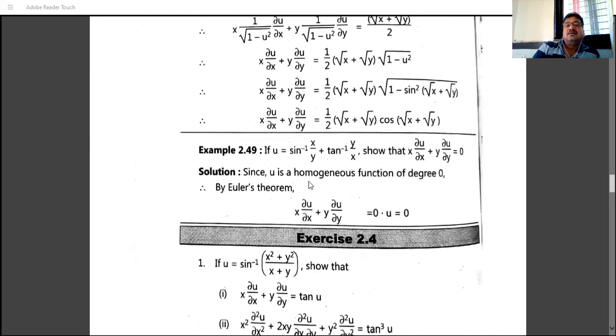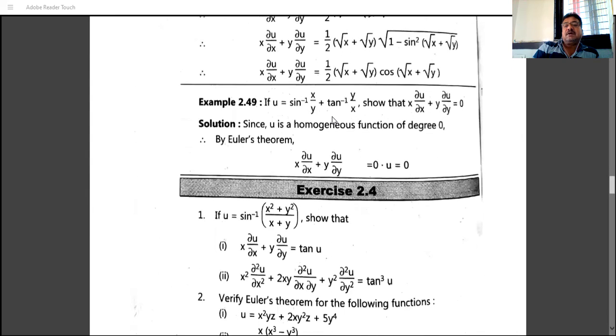Okay. So u is sine inverse x by y plus y tan inverse y by x. Then show that x ∂u/∂x plus y ∂u/∂y is zero. Here, if this is u, then this is a homogeneous function of degree 0.